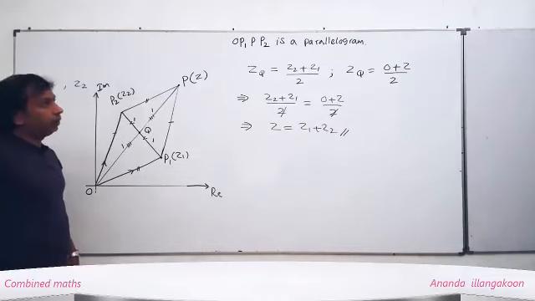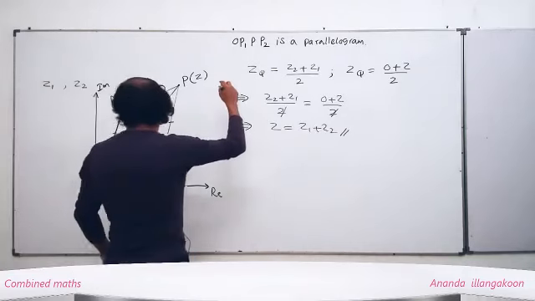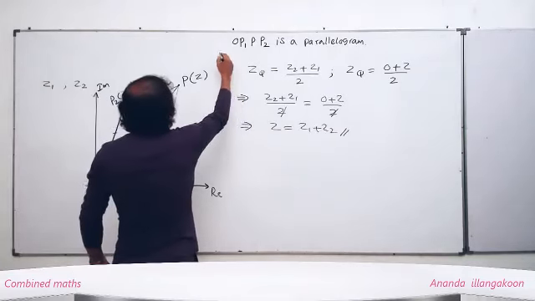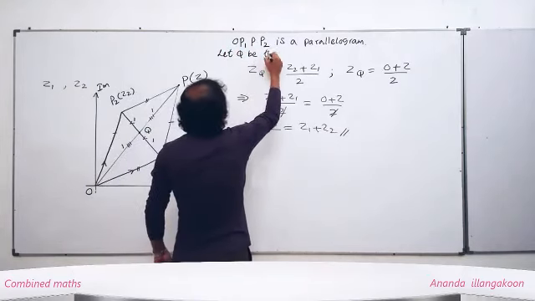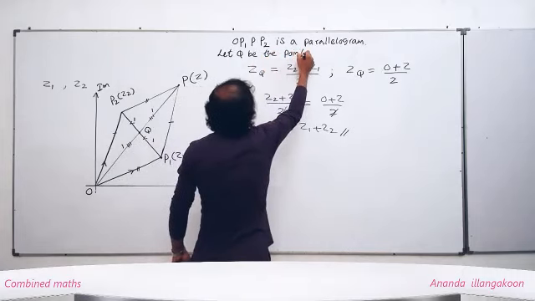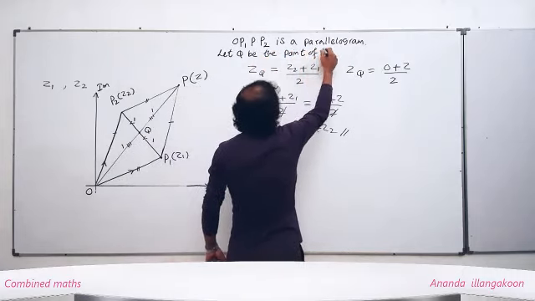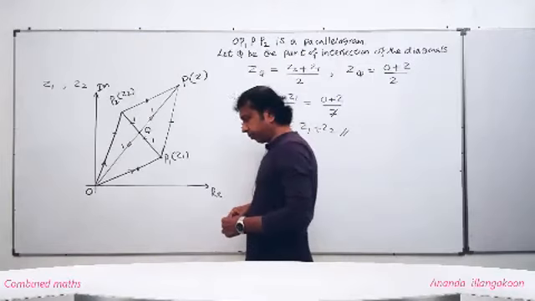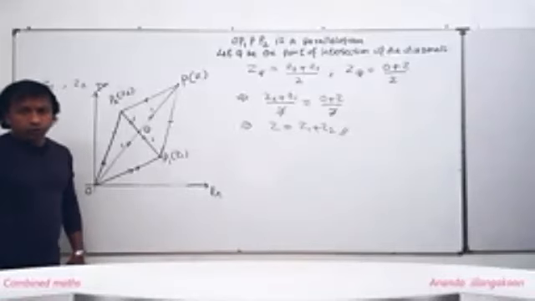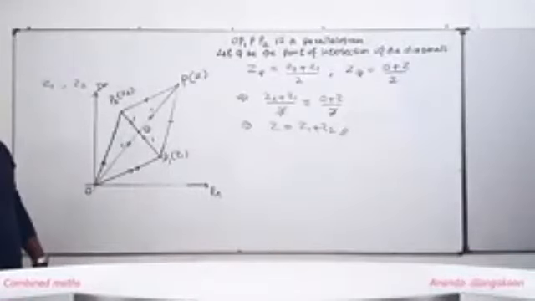Okay, now write down. Let Q be the point of intersection of the diagonals.